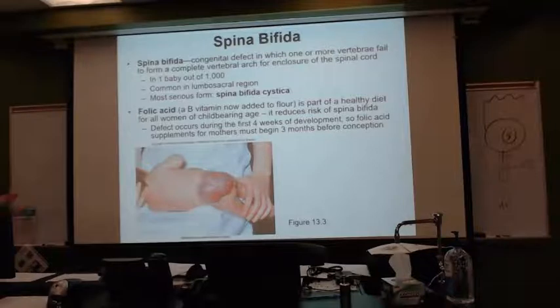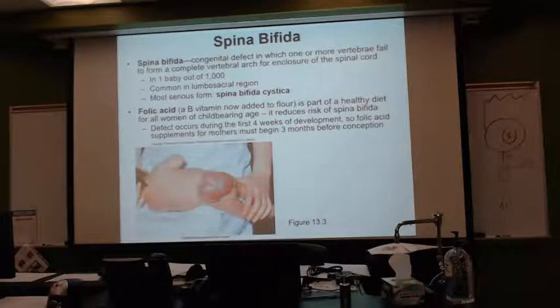So this is something that can go wrong with these coverings that exist on the spinal cord. Now, with the advancement that we have in visualizing offspring, the ultrasounds, all that sort of stuff, a lot of times they can pick up this abnormality. And it is one that's a little more common than you usually see.